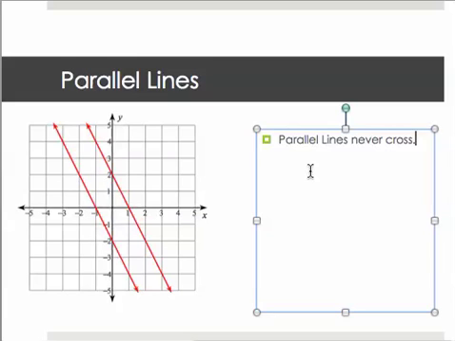The problem is a solution is where the two lines cross. So if the solution is where two lines cross and parallel lines never cross, then if you have parallel lines, the answer is no solution. Parallel lines have no solution because they will never, ever cross.